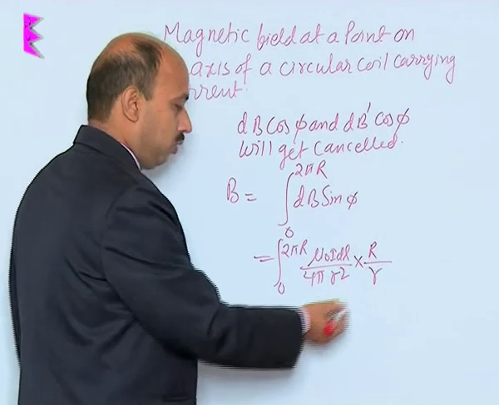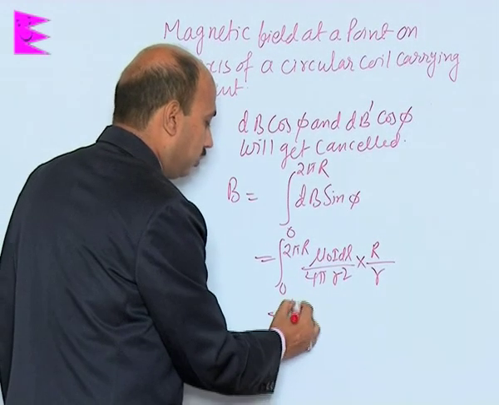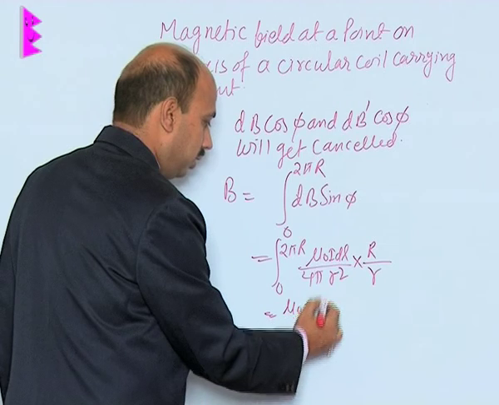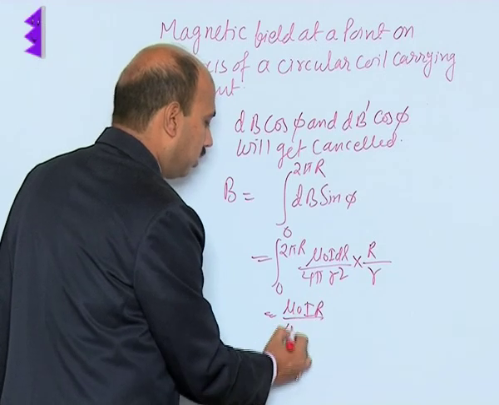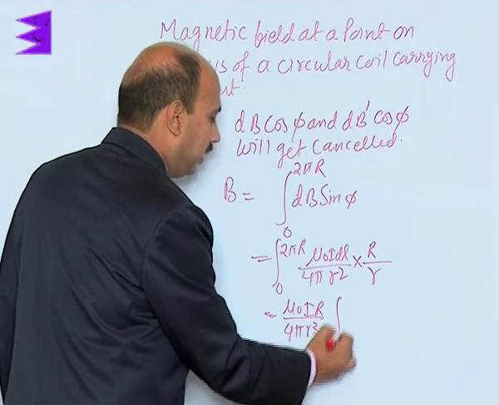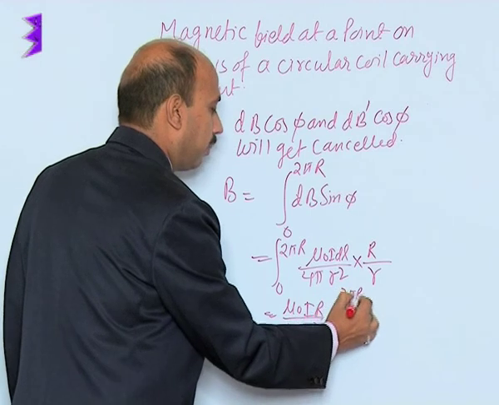Now we can integrate it. So, B equals mu naught I r upon 4 pi r cube, integration of dl from 0 to 2 pi r.